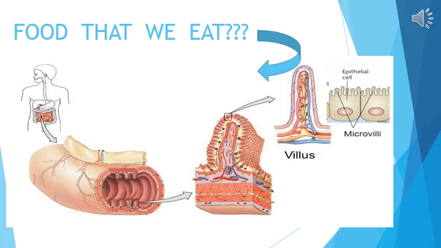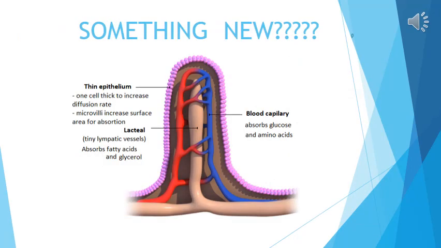These villi again have microvilli on the epithelial cells. These microvilli are further increasing the surface area. The thin epithelium covering the villi is 1 cell thick to increase the diffusion rate. These microvilli are further increasing surface area for absorption of the digested food material.